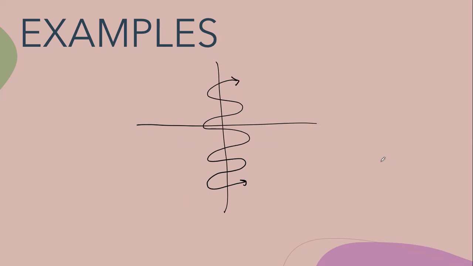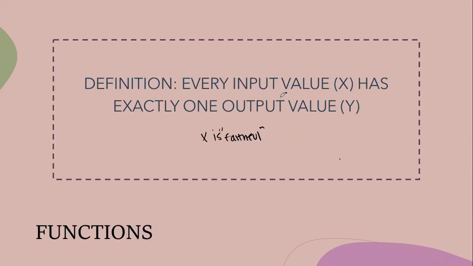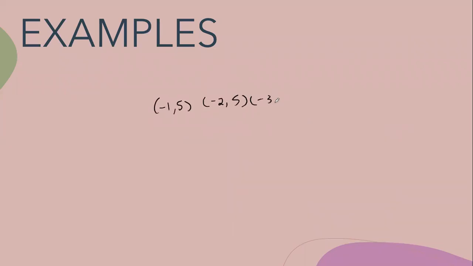Function, yes or no? No, right? Because if I put my line through it, it hits it in like 1, 2, 3, 4, 5 spots. It hits it in multiple spots. All right, one last one. Go. All right, type it in the chat. Function, yes or no?